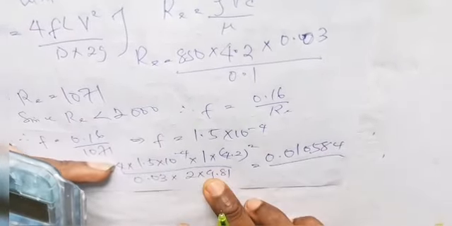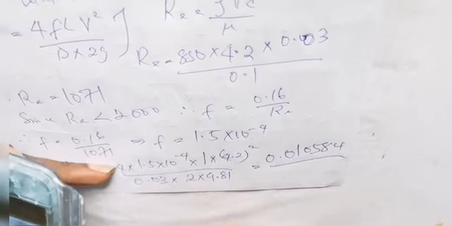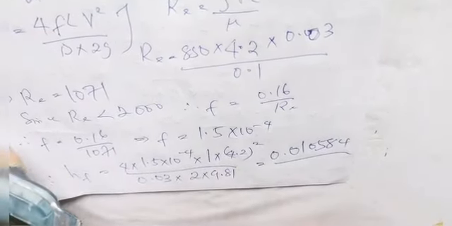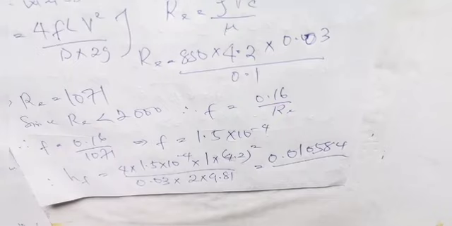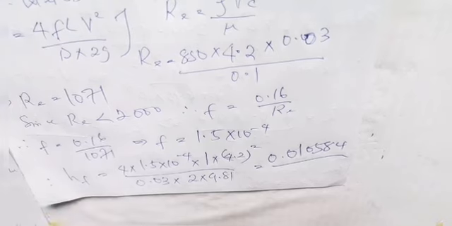So let's obtain the denominator: 0.03 multiplied by 2 multiplied by 9.81, that gives us 0.5886.